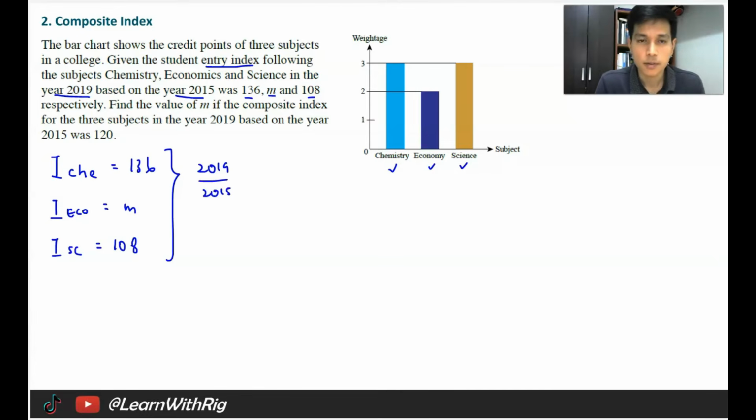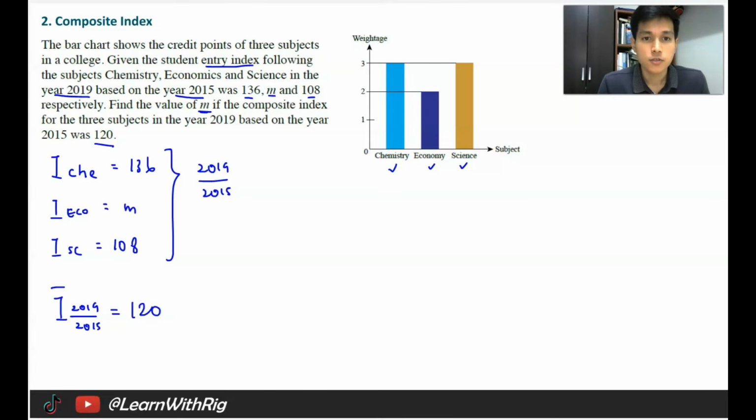Now they ask you to find the value of M if the composite index for the 3 subjects in 2019 based on 2015 is equivalent to 120. They're not giving you one by one, they're giving you the overall.